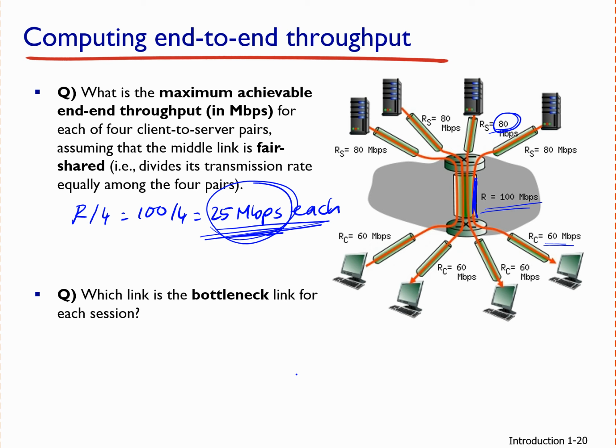Even if you push 80, this cannot take more than 25 because that link is limited to 25. Therefore, I can say that the maximum achievable throughput is 25 megabit per second, which is simply the bottleneck link for these sessions. So that's going to be 25 megabit per second, which is the core.